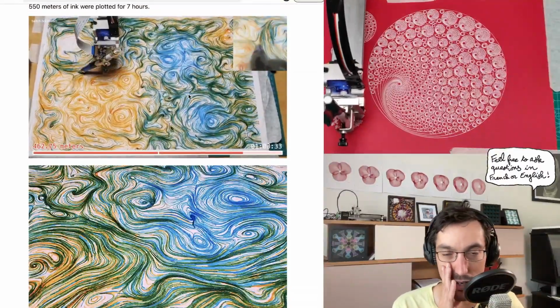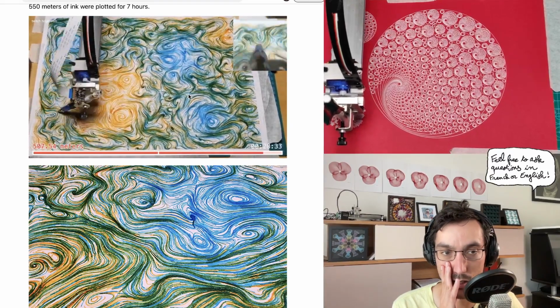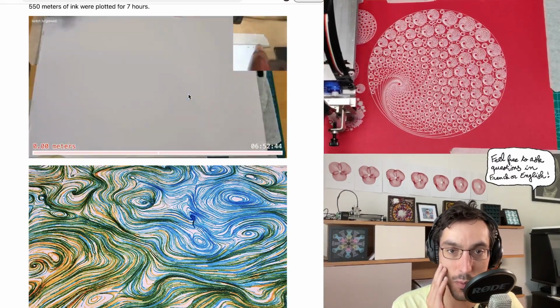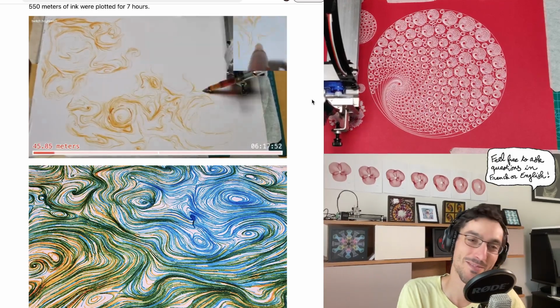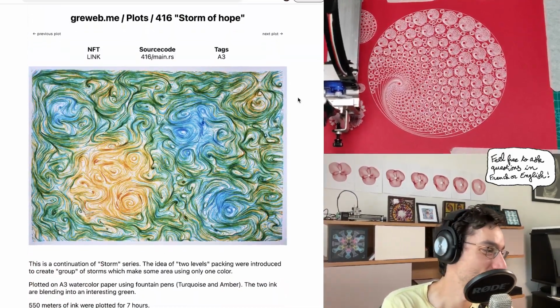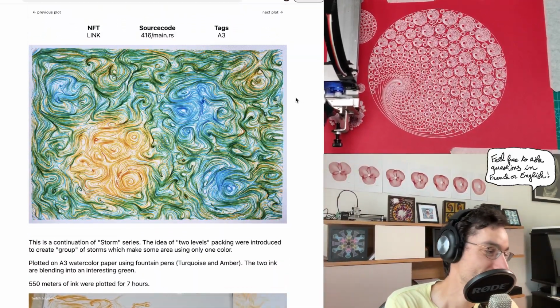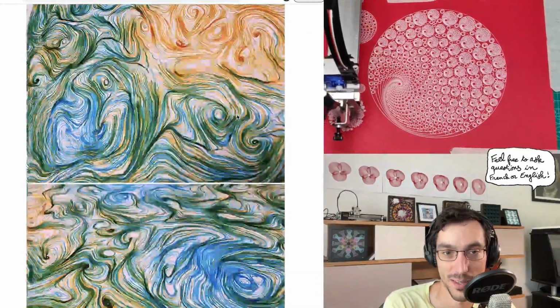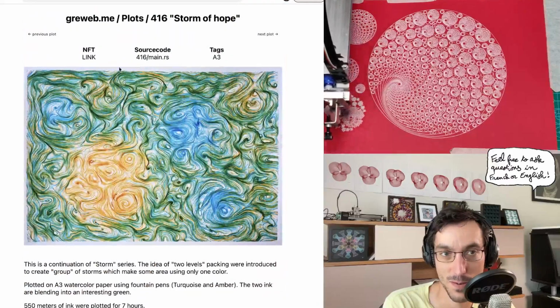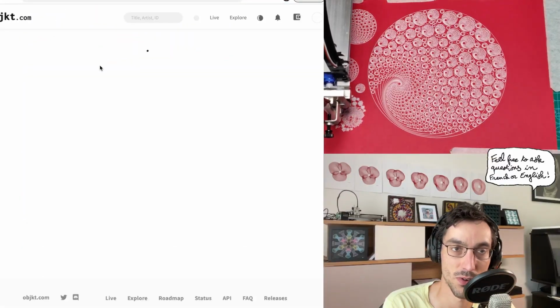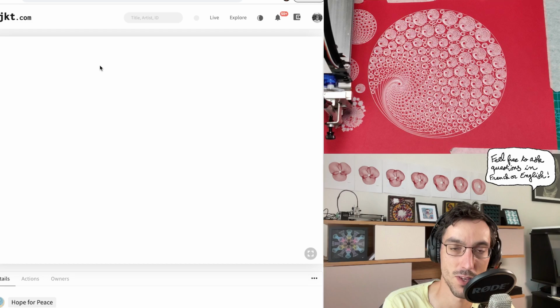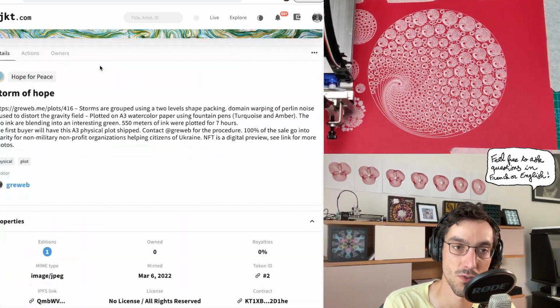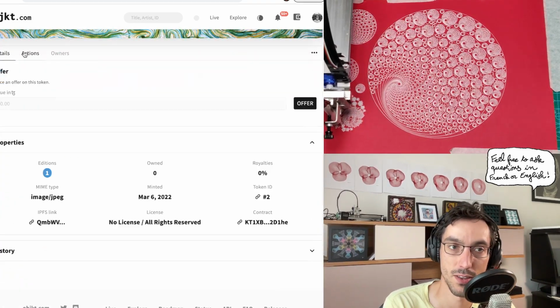I think this one was collected. I don't remember who collected it. This one is somewhere in the world. This unique plot was collected by someone. And it's also an NFT, because it was fundraised through the Tezos blockchain.